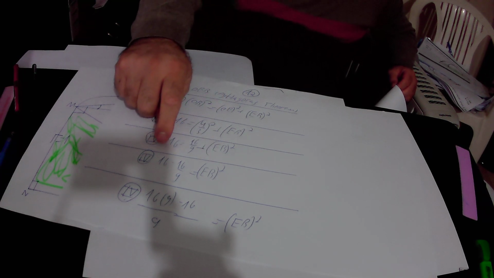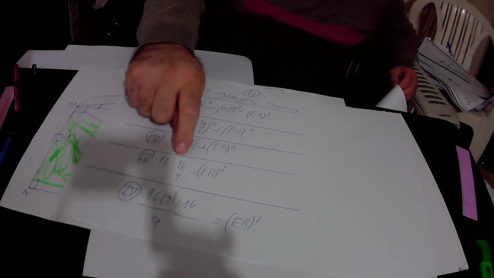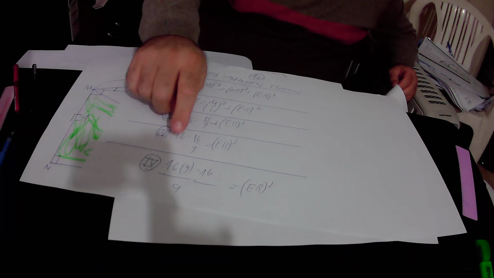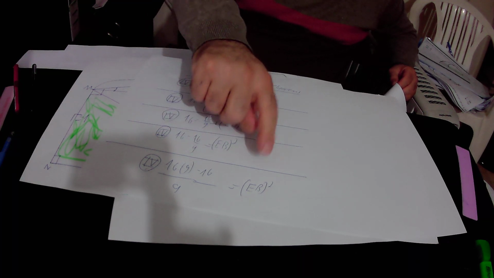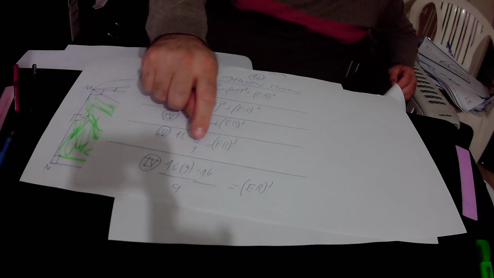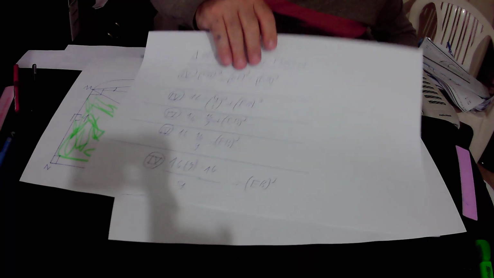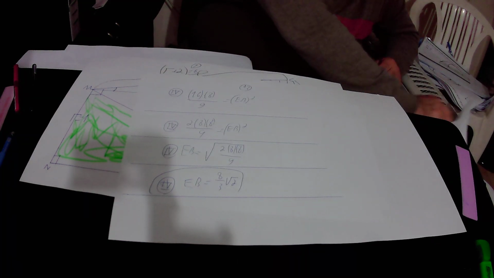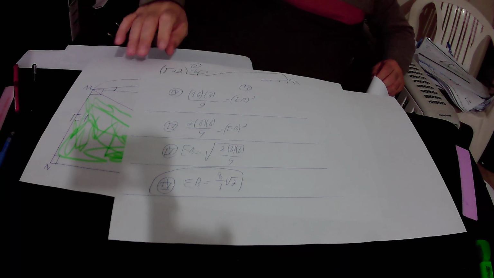Here we multiplied 16 by 9 and then divided it by 9 in order to have a common denominator with 16 over 9. In total we got that 16 times 9 minus 16, over 9, equals EB square. 16 times 9 minus 16 is 16 times 8. So 16 times 8 over 9 equals EB square.